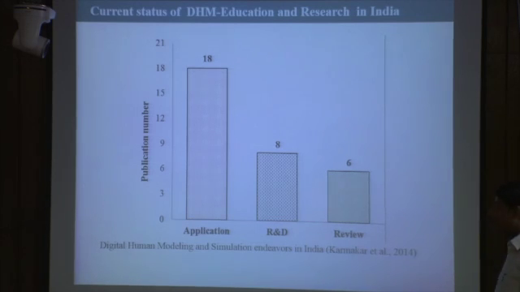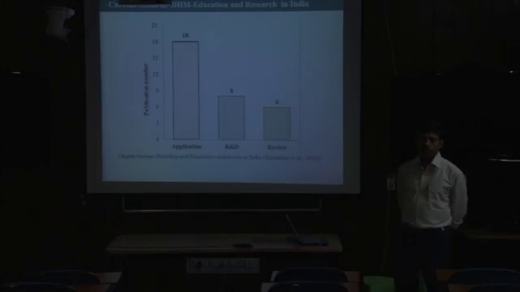For that purpose, I am referring to one paper published by me in 2014. After 2014, if we see, there are 18 publications reported from India related to application of various types of digital human modeling software for various types of product or workstation design and evaluation.